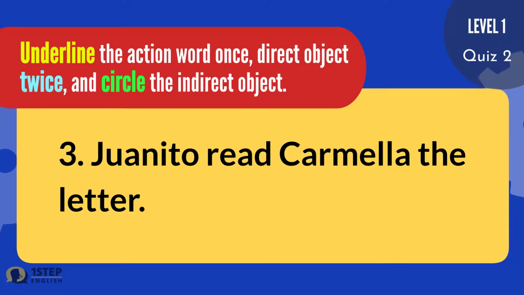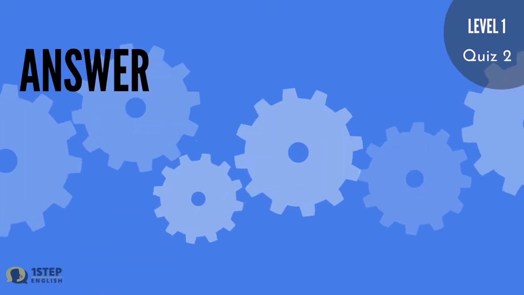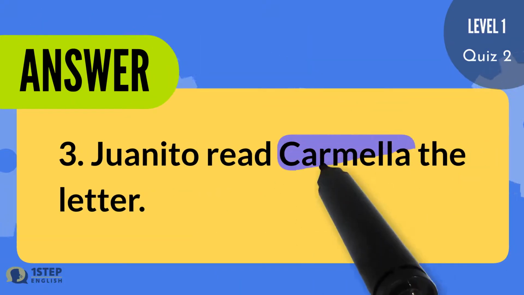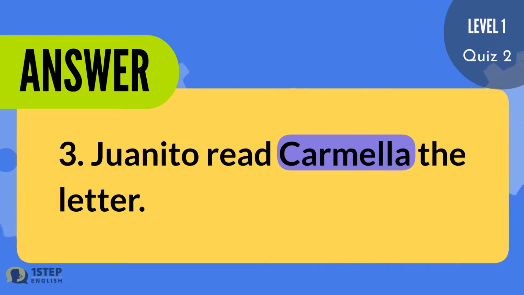Number 3. Juanito read Carmella the letter. Carmella is the indirect object. Read is the action word. Letter is the direct object.